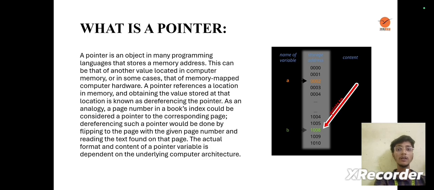As an analogy, a page number in a book's index could be considered a pointer to the corresponding page. Dereferencing such a pointer would be done by flipping to the page with the given page number and reading the text found on that page. The actual format and contents of a pointer variable depend on the underlying computer architecture.